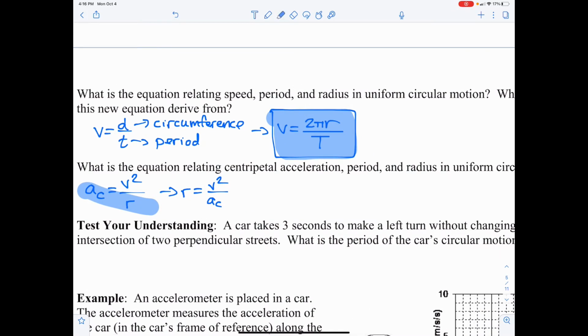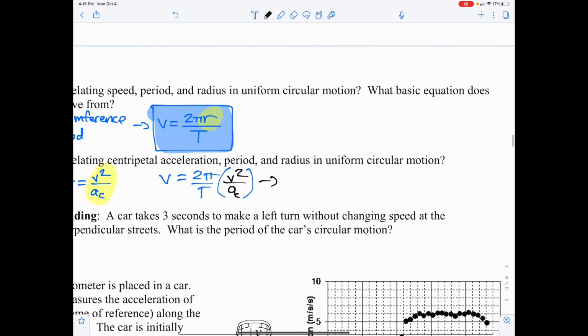Now I'm going to take this value for r and replace it for r in v equals 2 pi r over T. So v is equal to 2 pi over T times my value for r, which is v squared over a sub c. So now we have a new equation.